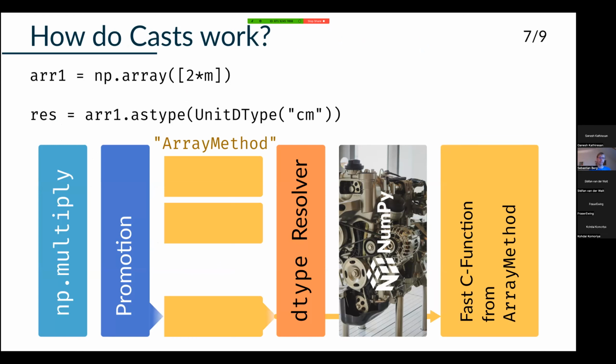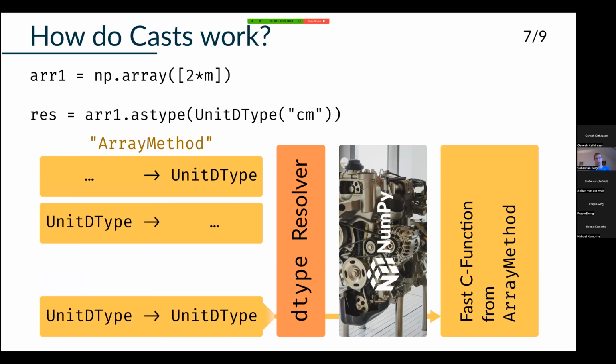And the nice thing is that now everything looks very much the same. Instead of all this promotion, which is not necessary anymore, the only change is that we have a list of array methods which define all the casts from any dtype to UnitDType, from UnitDType to any other dtype, and also very important, from UnitDType to UnitDType, which is what we need now.